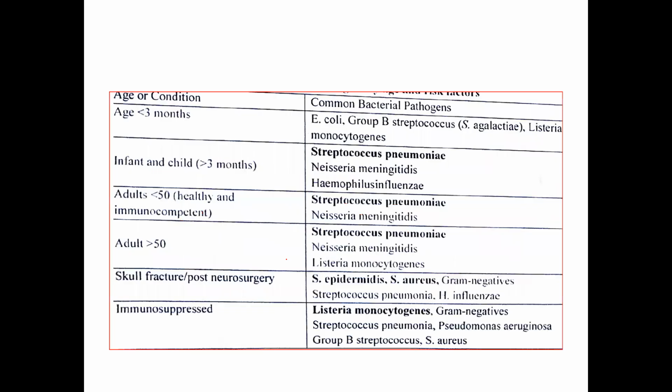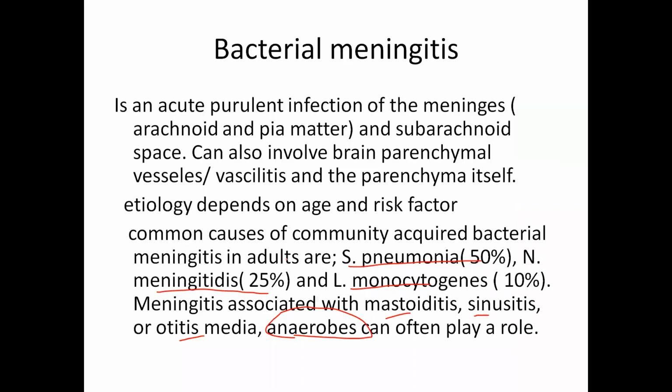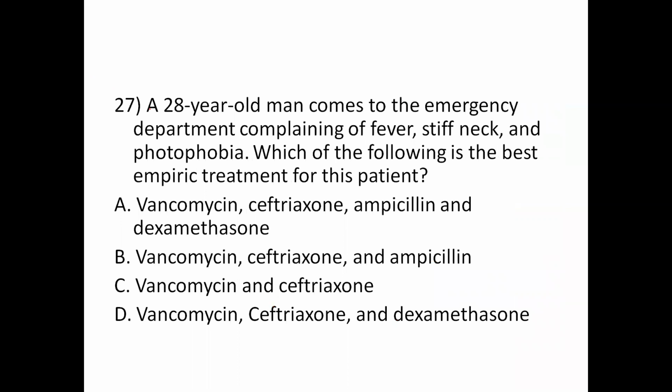So when we return to our patient, this patient's age is 28 and he has no other condition or risk factor. For example, the question doesn't tell us about trauma or anything like so. He's 28 years old, immunocompetent.